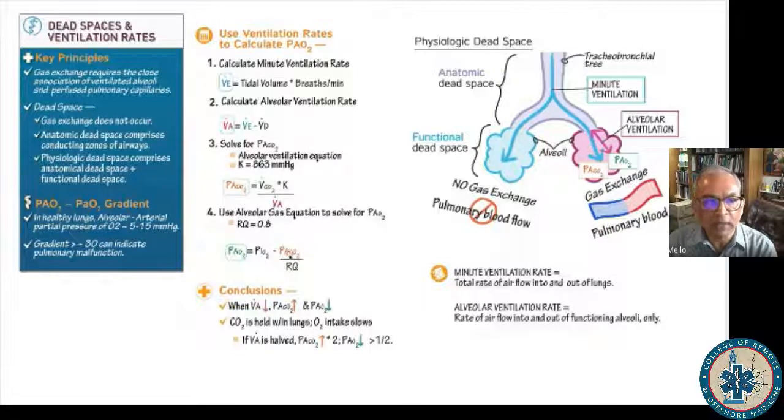And one of the useful equations is the PAO2 minus PaO2 gradient, where in the normal it's between 5 to 15 millimeters of mercury, and when there is a gradient more than 30, that denotes pulmonary malfunction. And to calculate it, you can use the alveolar gas equation to work out the gradient.